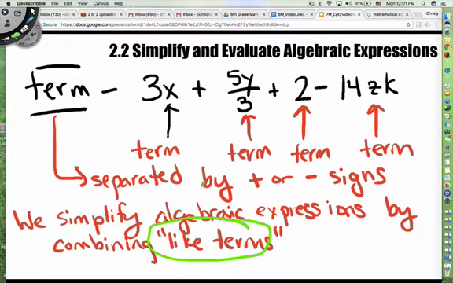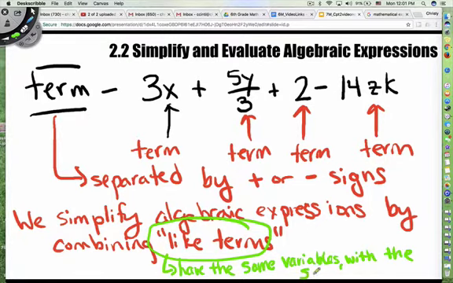Okay, like terms, and I'm going to try to squeeze it in here just to keep it all on one page. They have the same variables, and those variables have the same exponents.